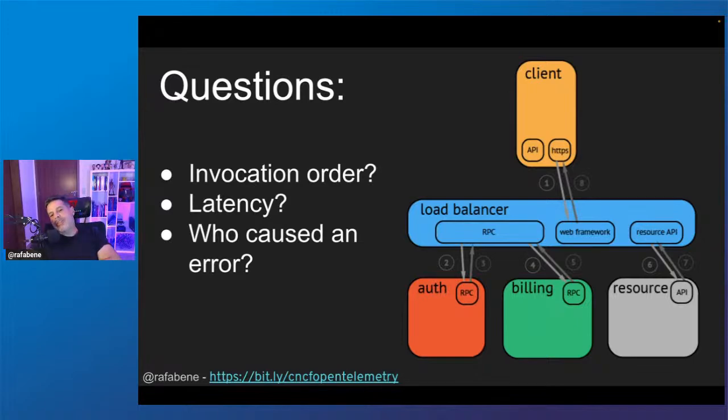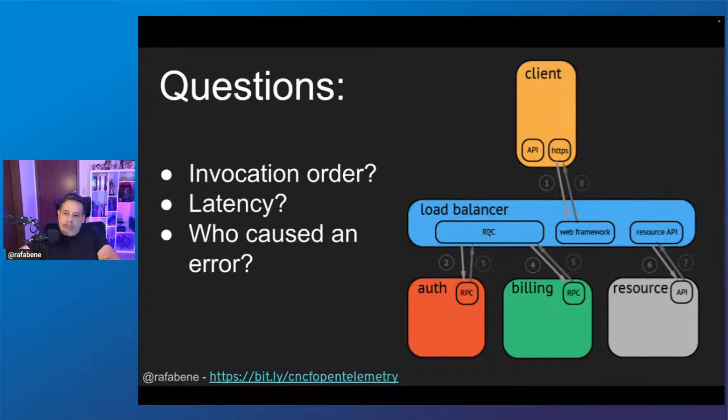If you watch this, can you say what is the invocation order? If the client will go to load balancer will allocate the resource first, then we'll call the authentication to perform the billing. We don't have that idea unless we see those numbers here. 1, 2, 3, 4, 5, 6, 7, and the response 8.